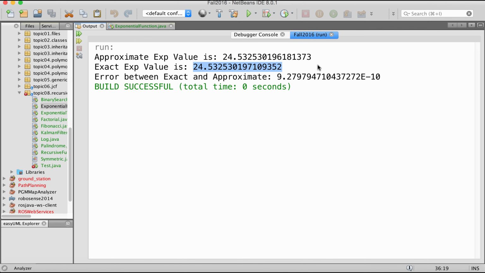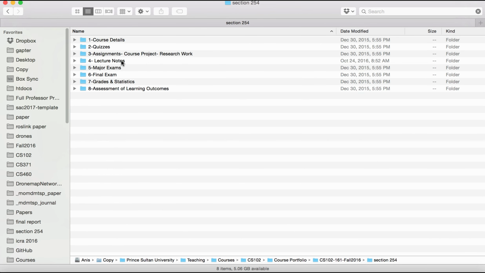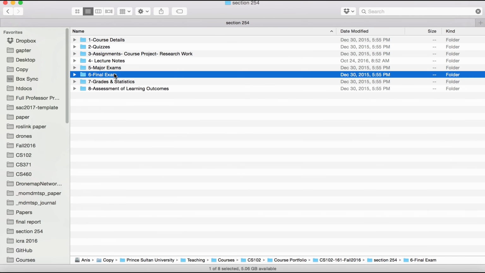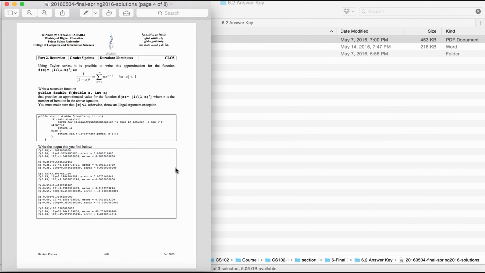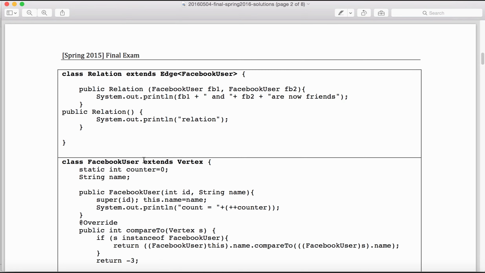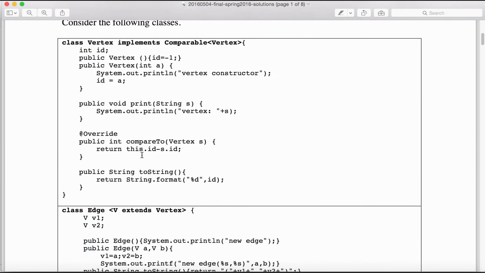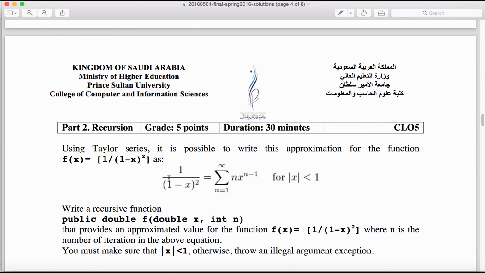For example, in the previous final exam, there is another function, which is this one. It's the same principle.